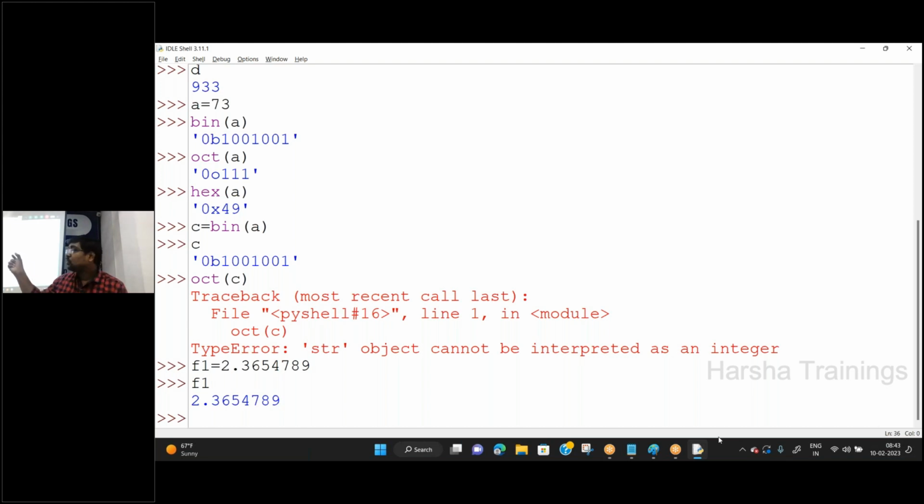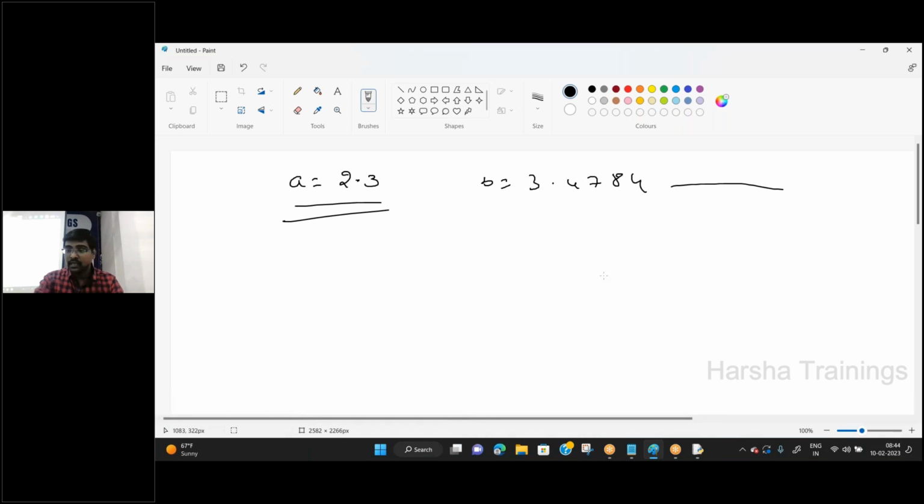Here, we have some points in float. Suppose my value is 2.3654789. After the decimal point, I have 7 digits. But in my answer, I need only 2 digits. What is my concept here?